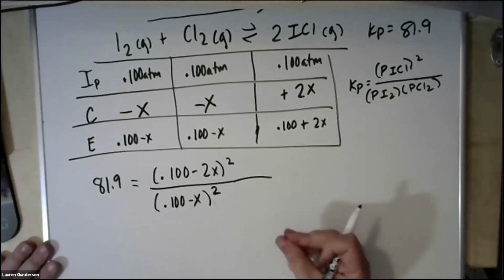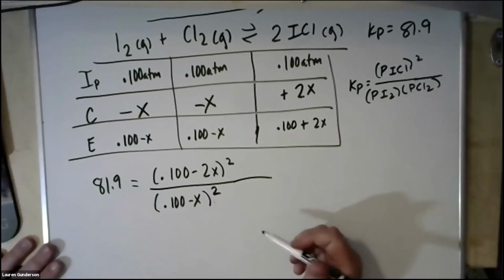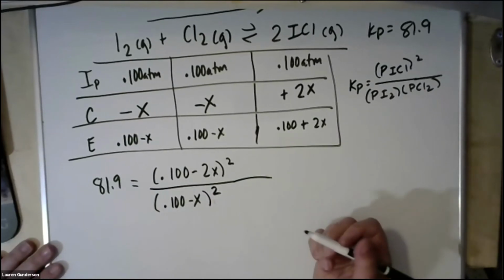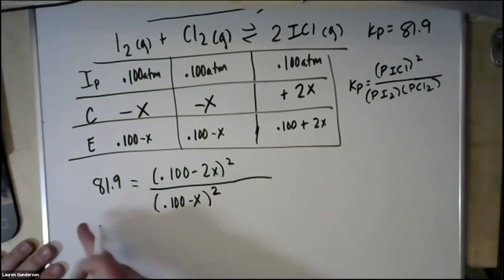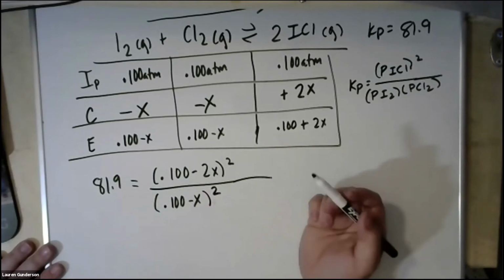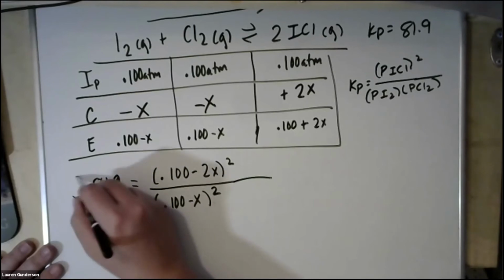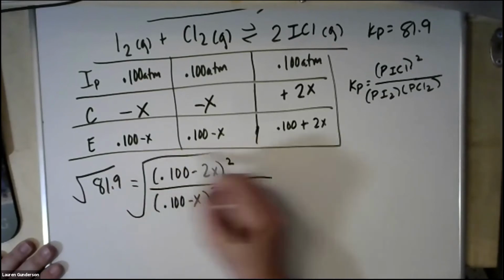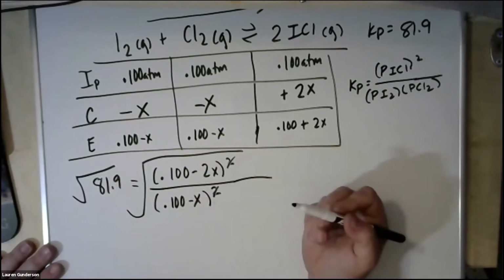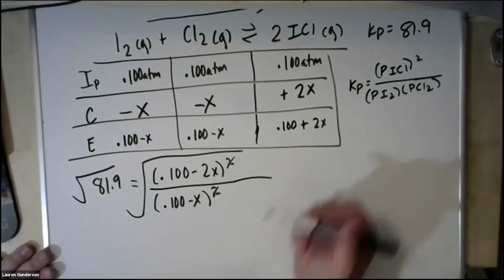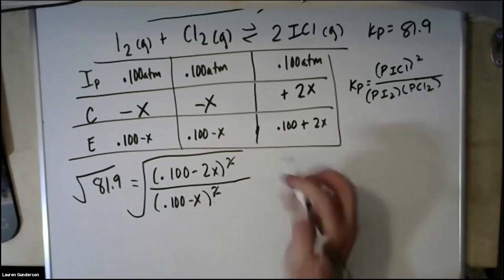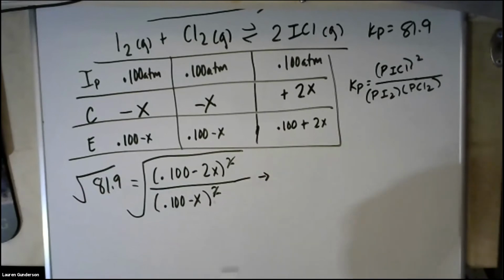which, you know, that's like a relief to see because it means that we don't have to do the quadratic. It means we can take the square root of both sides and get rid of these exponents, right? So I'll take the square root of this, take the square root of this, which will let me get rid of these. So let's rewrite what we have. 81.9 square root.